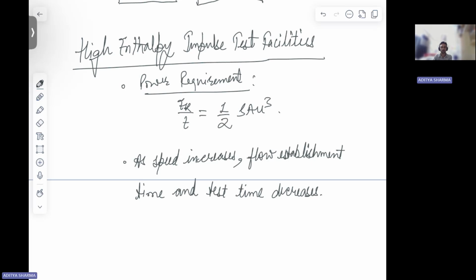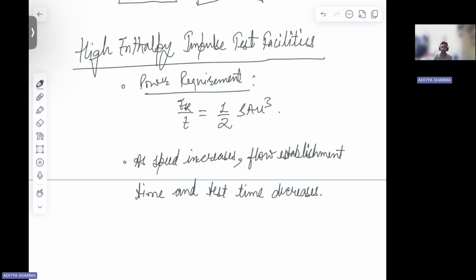So that you are able to do proper analysis of the flow physics. Then establishment time is the time your facility takes to establish a meaningful flow, right?